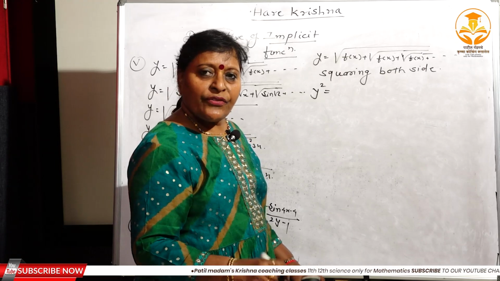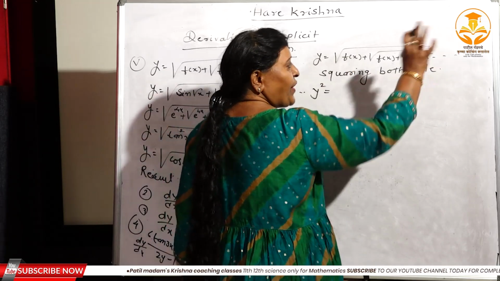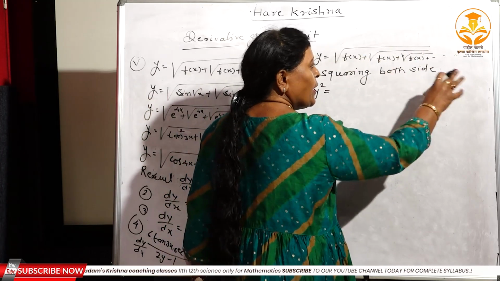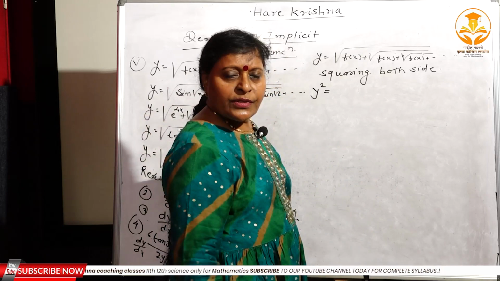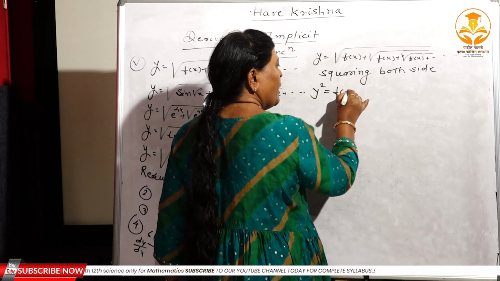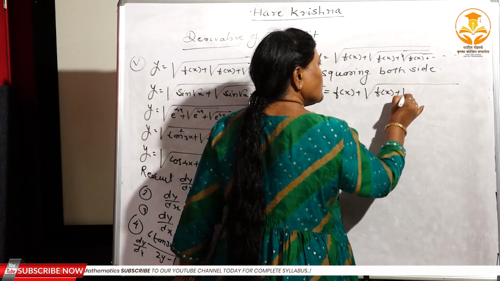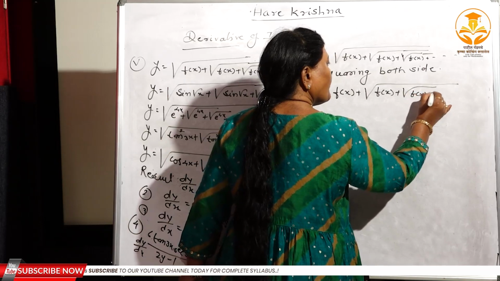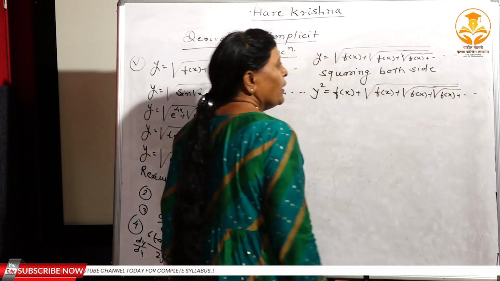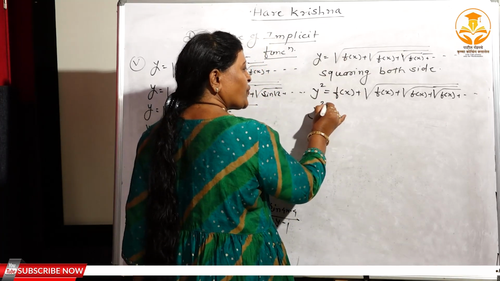When you square a square root, the root gets eliminated. But there are so many roots, infinite roots. Only the first root gets eliminated, and what remains here? f of x, and the remaining terms, that is f of x plus root of f of x plus root of f of x, because these are infinite roots, isn't it? Therefore the same remains here, right? Only one root gets eliminated by squaring this.